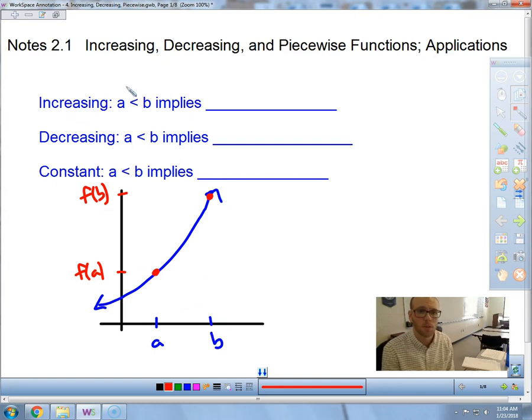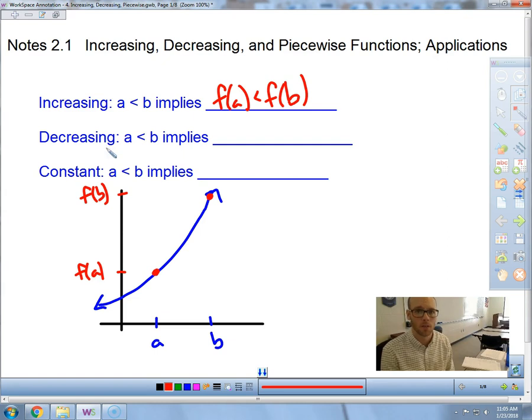So if the function is increasing, and a is less than b, how would we compare f of a and f of b? F of a is less than f of b. So if we look along our vertical axis, our y values, f of a is lower on the y-axis than f of b. So it's increasing if a is less than b, and f of a is less than f of b.